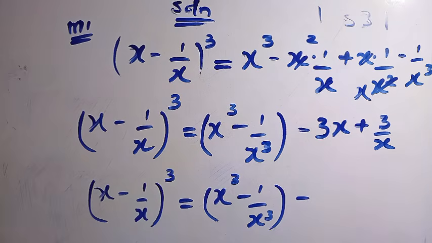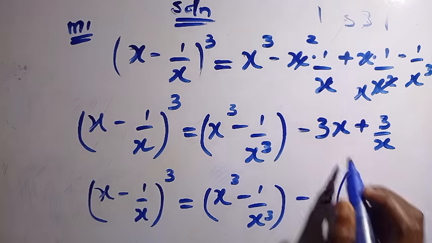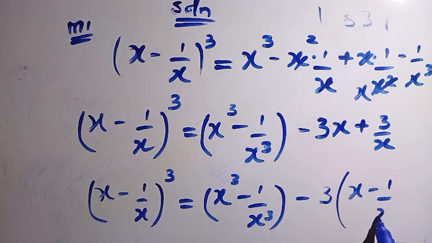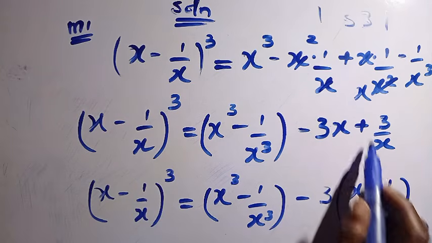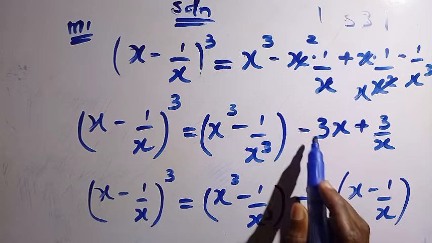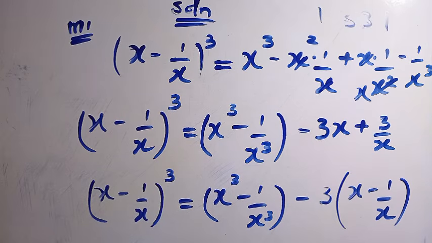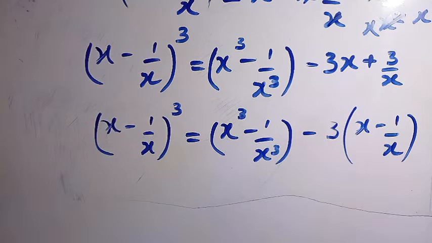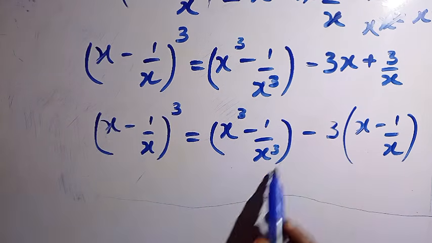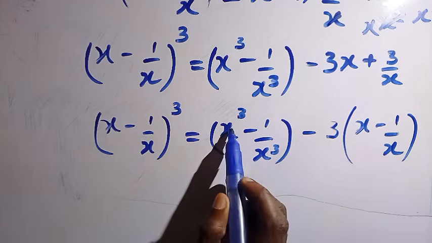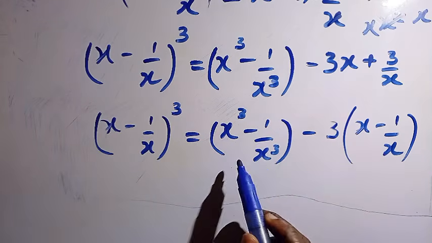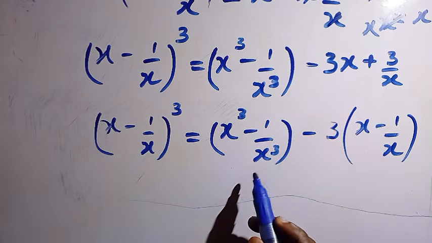Then let's take out 3. By taking out 3 here, we have x minus 1 over x. Why do we have negative here since it is plus? Because of this negative. Taking out negative makes this one become positive. And the next step is, we believe that x cubed minus 1 over x cubed is given as f of g of x.